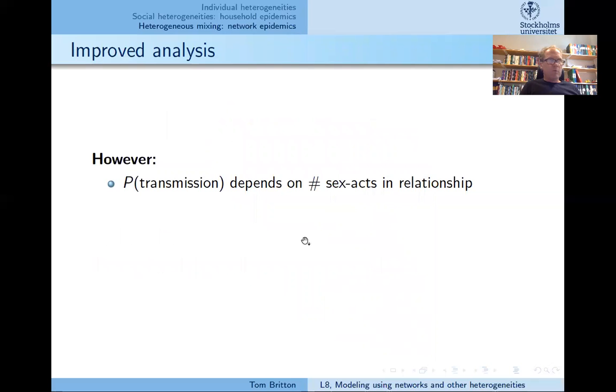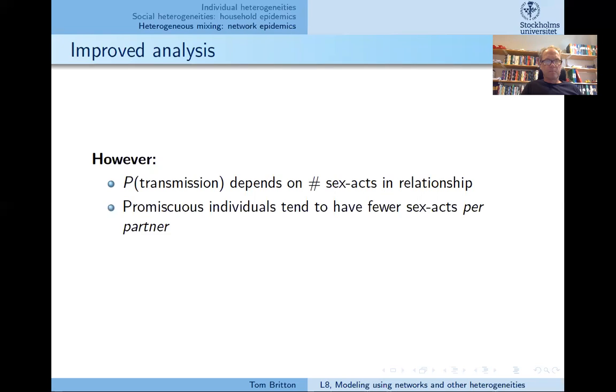However, in the model, it was assumed that there is a fixed probability of transmission between each partnership. But in reality, most likely the probability of transmission depends on how many intercourses there are in such a relationship. And it also seems quite likely that individuals with many partners will tend to have fewer intercourses per partnership.